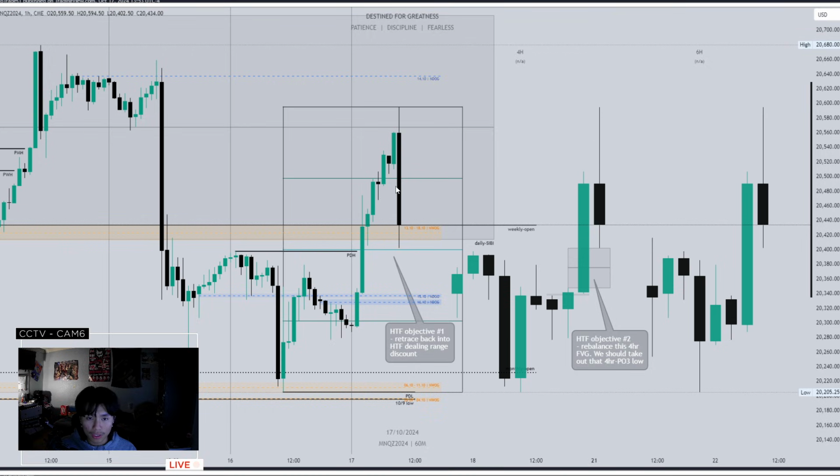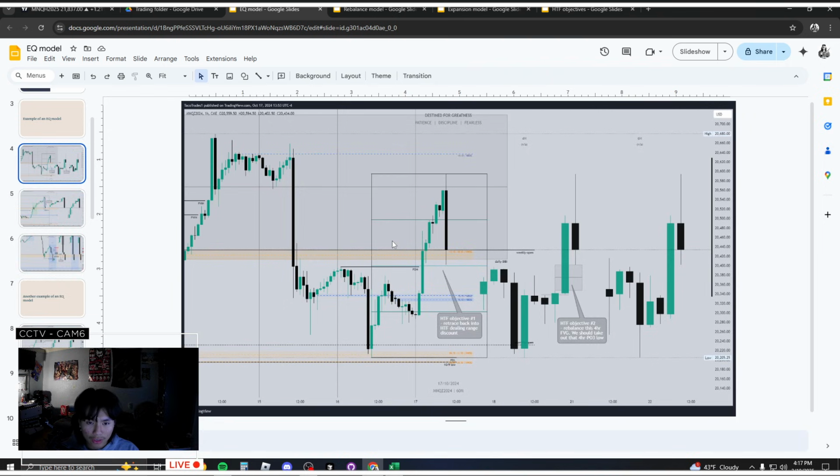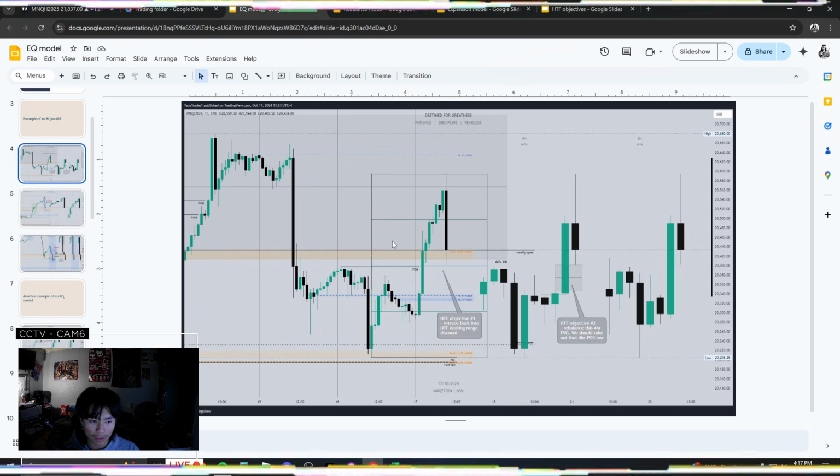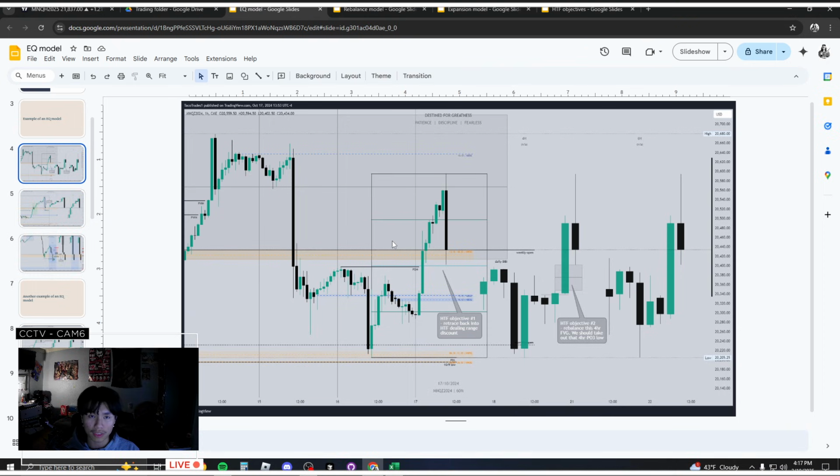The hourly candle here is suggesting lower prices. I want to see us take out the hourly low. After we take out the hourly low, we should continue lower to retrace back into the discount of the 4-hour dealing range. Those are essentially the 3 reasons why I take trades, right? Those are like the 3 objectives.